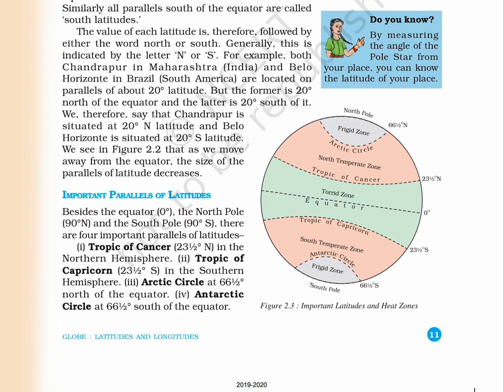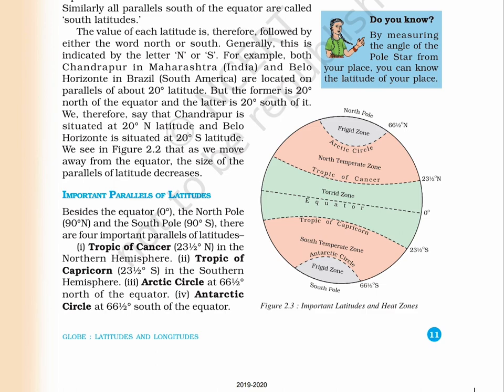We see North Pole, frigid zone, then comes Arctic Circle at 66.5 degrees north, then comes North Temperate Zone, then comes Tropic of Cancer at 23.5 degrees north, then comes Torrid Zone, then comes Equator at 0 degree, then comes Tropic of Capricorn at 23.5 degrees south, then comes South Temperate Zone, then comes Antarctic Circle at 66.5 degrees south, then comes Frigid Zone, and then comes South Pole.